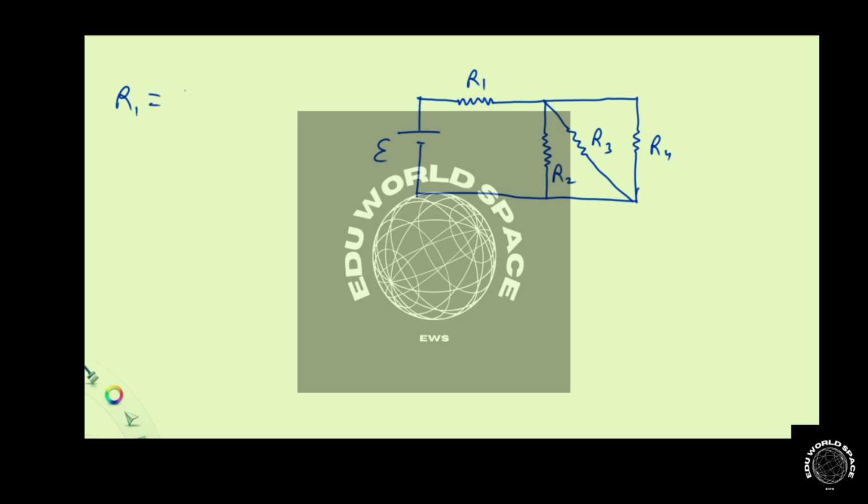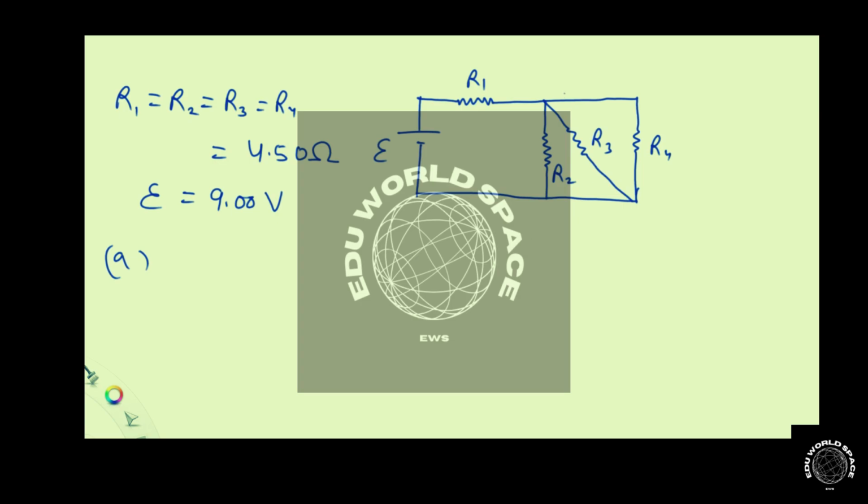And all these resistors have the same value. R1 is equal to R2 is equal to R3 is equal to R4, and all these are 4.50 ohm. The battery voltage is 9.00 volt. In the first part of the problem, we have to find the current passing through all these four lamps.